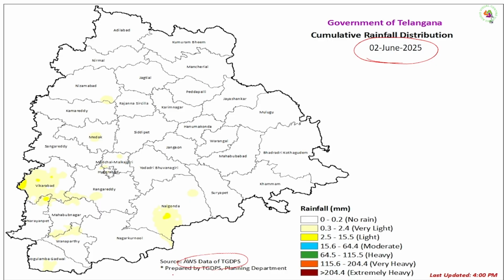So directly you can see these light rain patches in these districts, in Medak also, whereas a little bit more is very light. So every day, how the weather is, this is updated on 2nd June at 4 p.m.